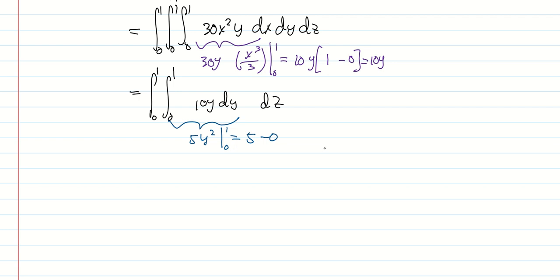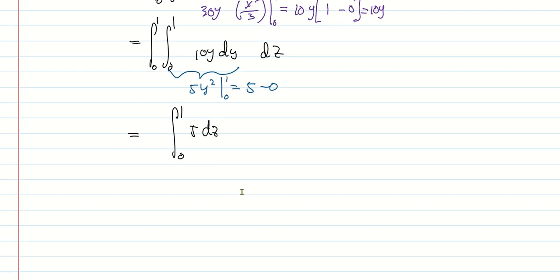So we now have the integral of 5 dz from 0 to 1. The integral of dz is just z, so this is 5 times z. Apply the limit from 0 to 1, upper limit minus lower limit, 1 minus 0.